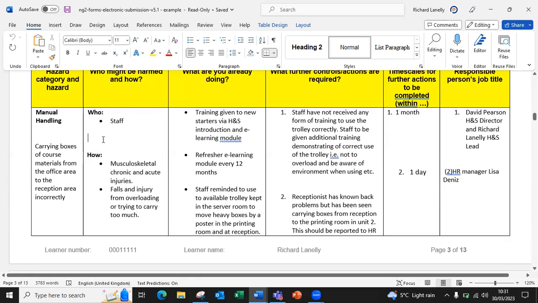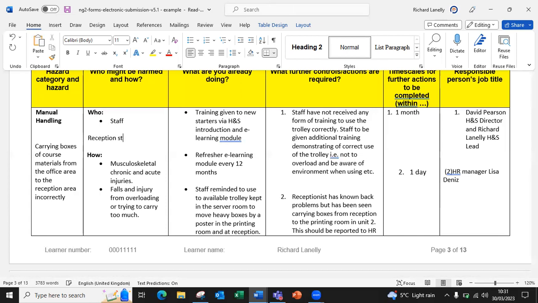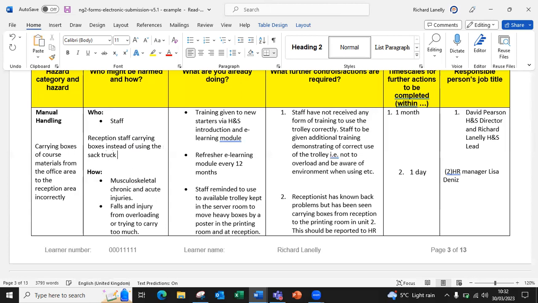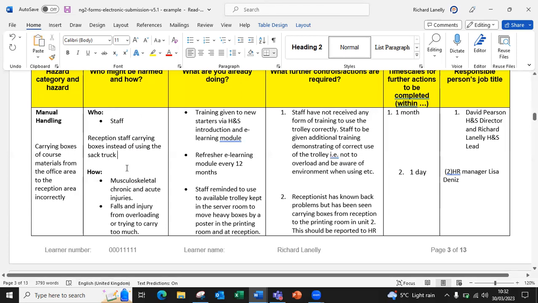I haven't put a lot of information in here to explain myself. So you could say reception staff carrying boxes instead of using the sack truck. It just explains it a little bit further.